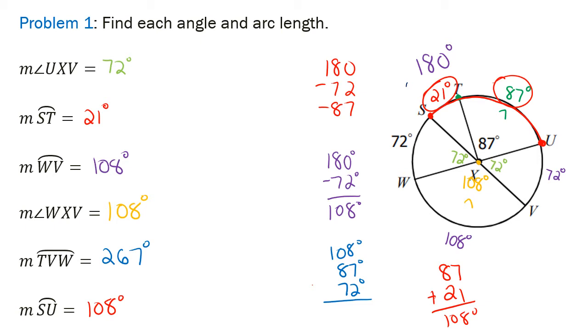And this has been reinforcing the idea that a central angle is the same as its arc. And also the idea that you can add two arcs together, and that's called the arc addition postulate, when you can add two together to find a much bigger arc.